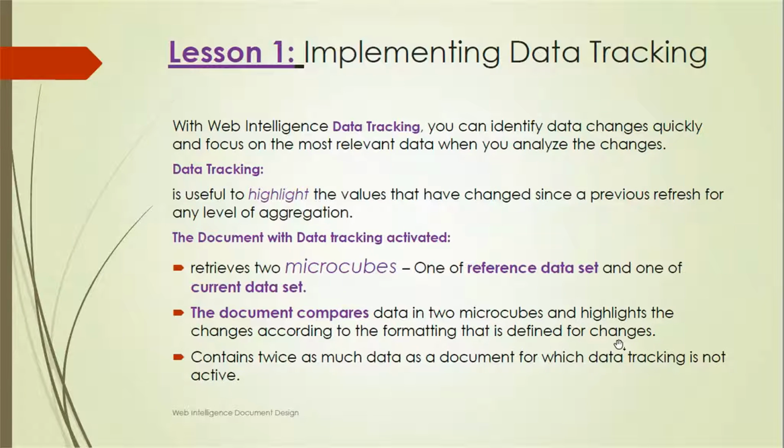Whatever changes happen between the current and reference data will be highlighted based on the formatting. We can customize this formatting based on our requirement. This contains twice as much data as a document for which data tracking is not active.